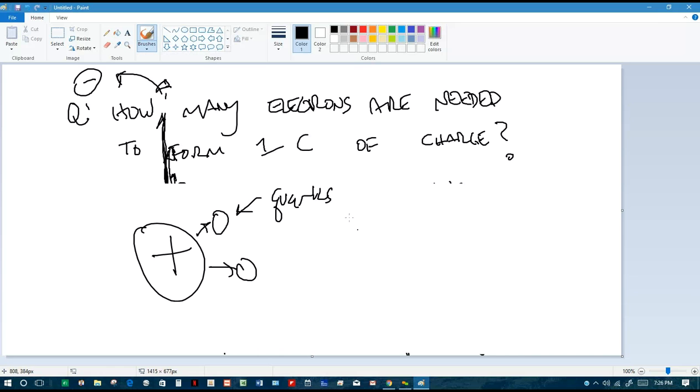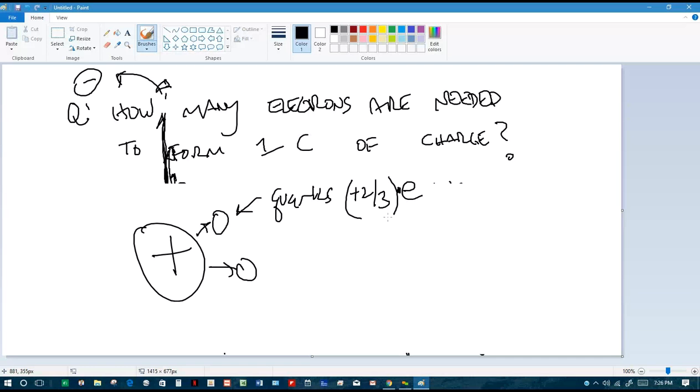So a quark can have positive 2/3 of, remember the elementary charge we talked about? Yeah. So when they discovered quarks they found that there were in fact smaller units of charge, smaller than the elementary charge, and their values were 2/3.